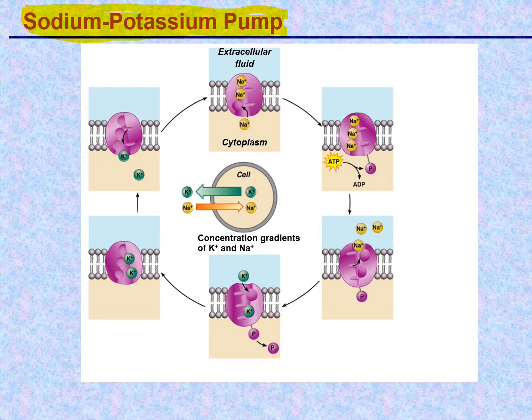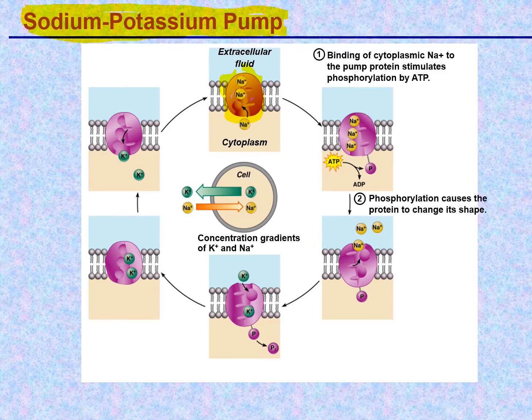Now, the sodium-potassium pump involves a particular protein molecule, shown here in purple, embedded in the cell membrane, and it has the ability to move sodium out. When sodium moves into association with this protein, ATP causes phosphorylation of the protein.